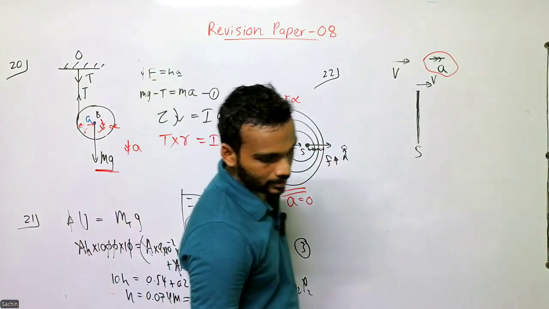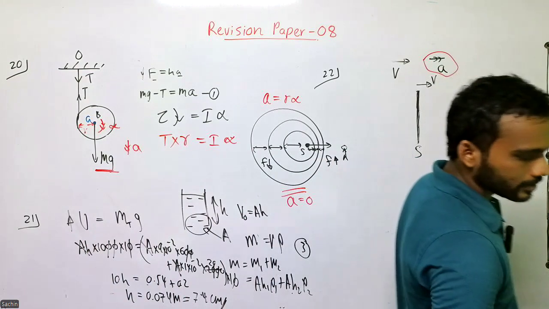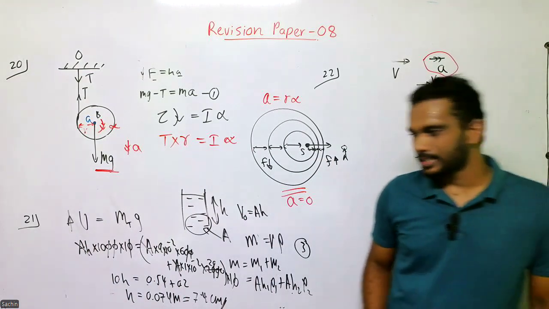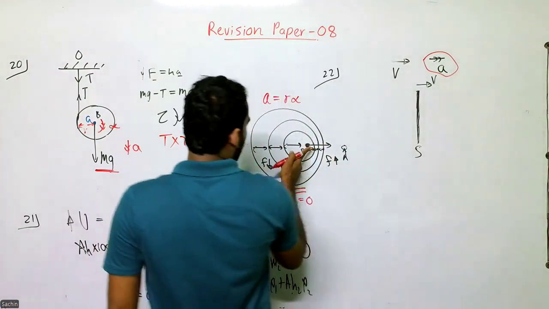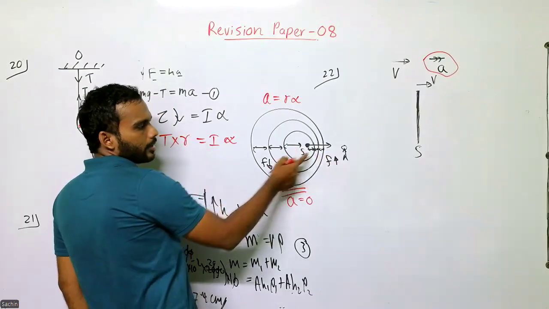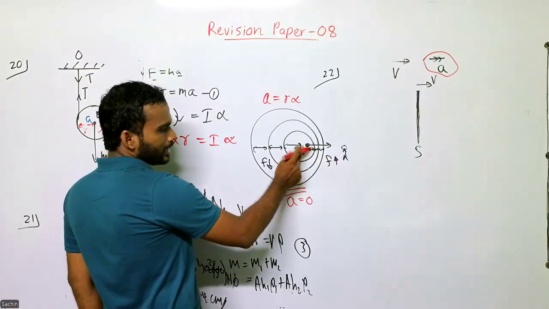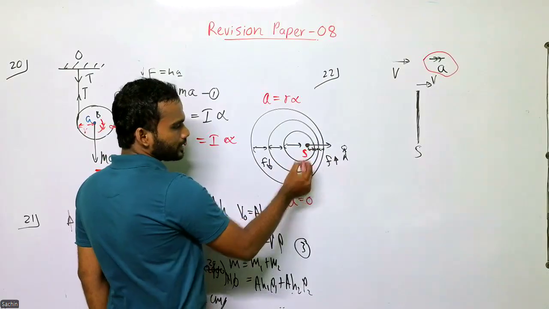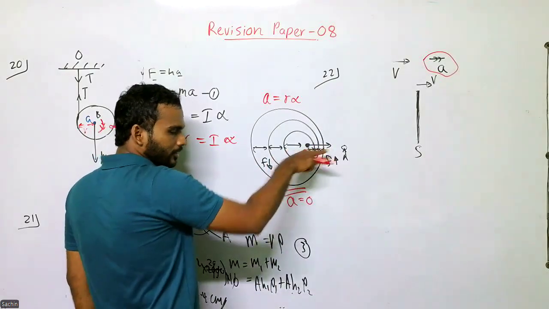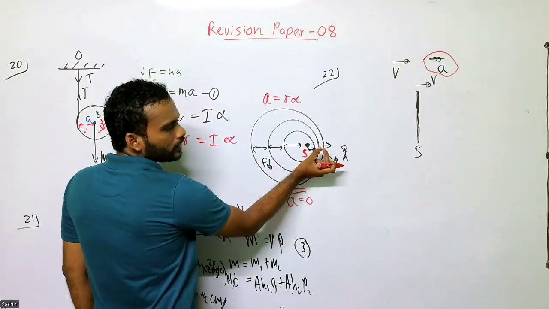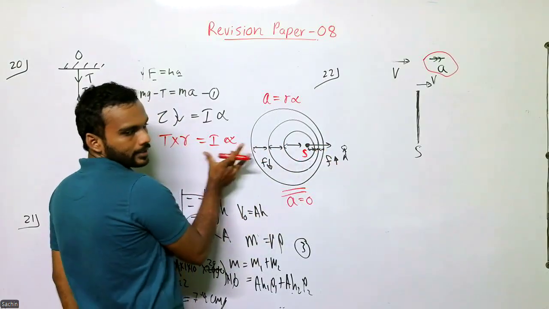But if there is an acceleration, the gap also changes. Think of the base case. If you consider the base case, the higher this velocity becomes, the lower the gap in front, and the higher the gap after the source.